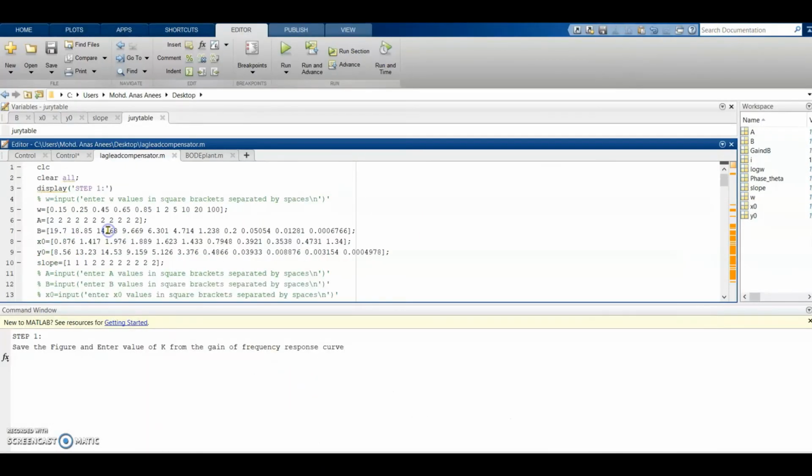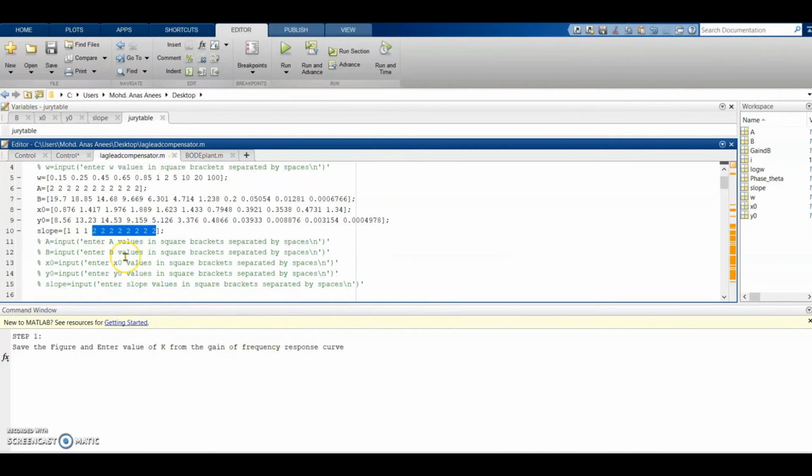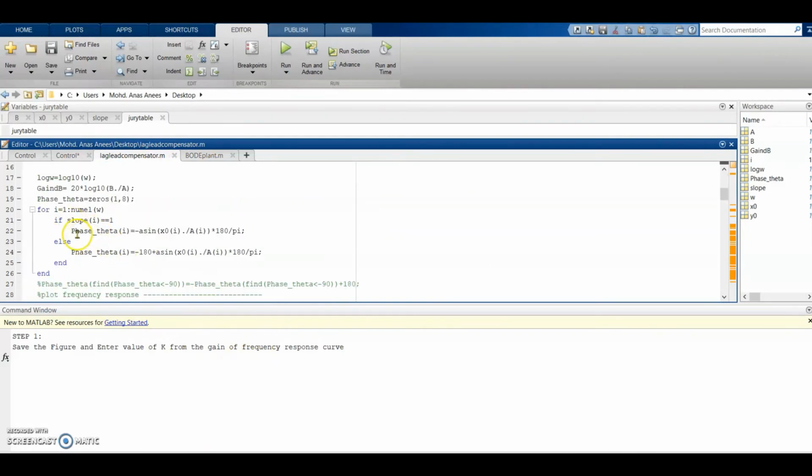For this we have defined another matrix of slope, where 1 means positive slopes and 2 means negative slopes. Just by looking at the xy plot, we can decide whether the slope is positive or negative. If slope is 1, then this formula is used, and if slope is 2, then this formula is used to find out the phase of the system.